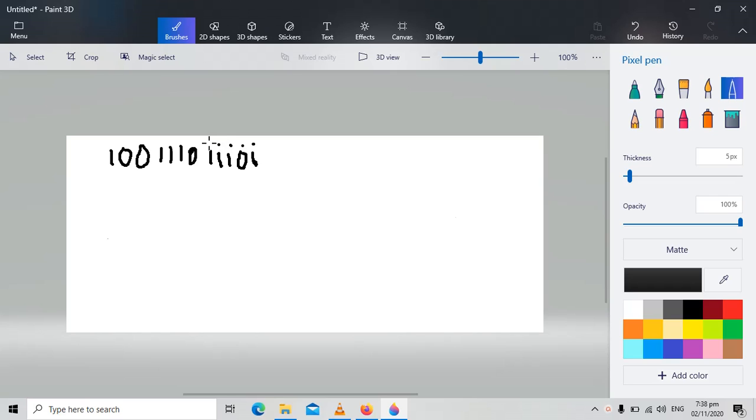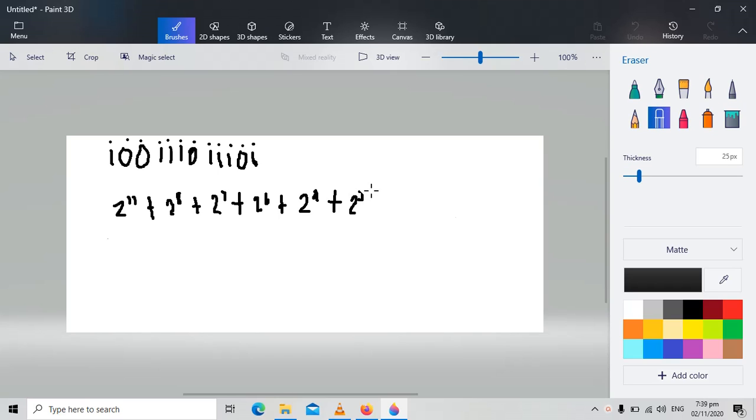2 to the power of 2, 3, 4, 5. We'll start the number right here at the back. 2 to the power of 11, then 2 to the power of 8 plus 2 to the power of 7, 2 to the power of 6, plus 2 to the power of 4, plus 2 to the power of 3, plus 2 to the power of 2.